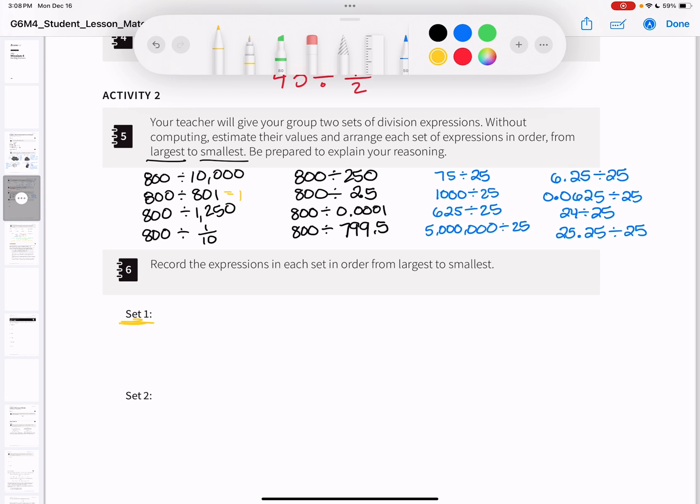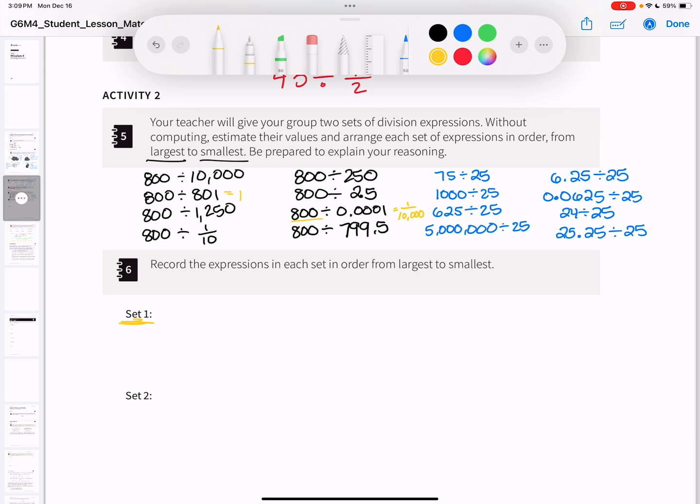So I have this one, which is 800 divided by 0.0001. So that's tens, hundreds, thousands, 10,000s. 1/10,000th. So if I was going to write that as a fraction, that's what this looks like. 1/10,000th. That's pretty small.